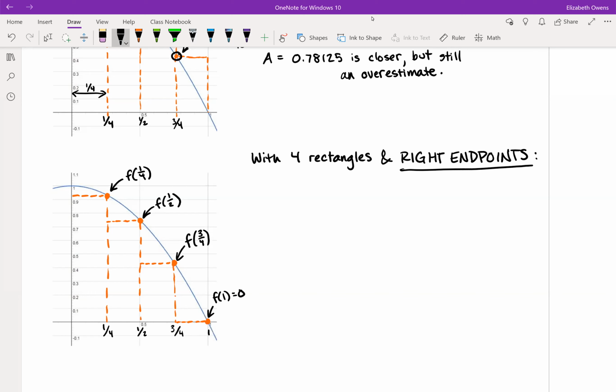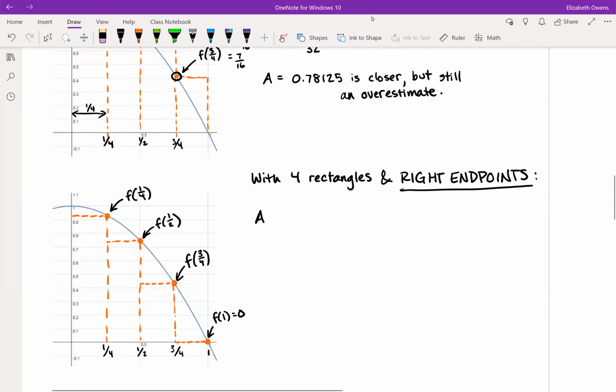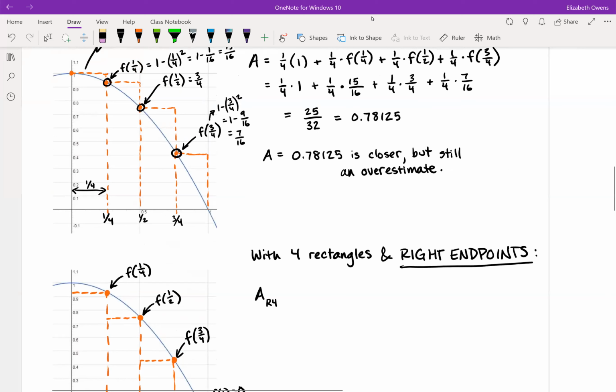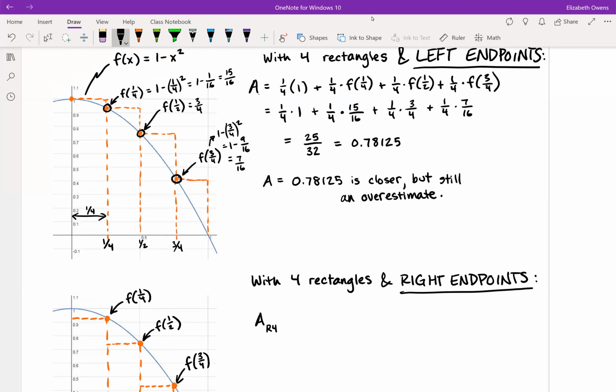So our area calculation here is, well, let's clarify that this is a special area, an A that's different from the previous one. So I'm going to call this A sub R4. R for the right endpoints, 4 is for the number of rectangles. So like our previous one would have been like A sub L4 for left endpoints and 4 rectangles.